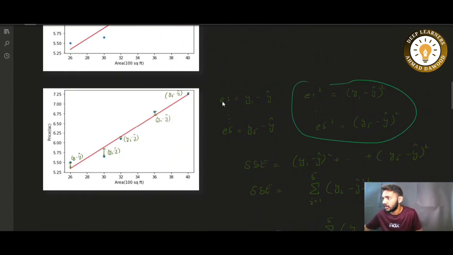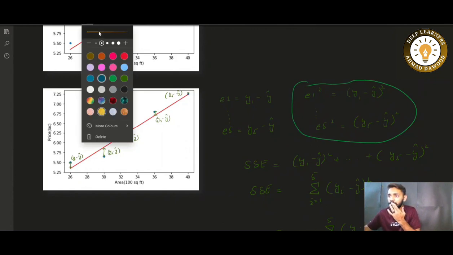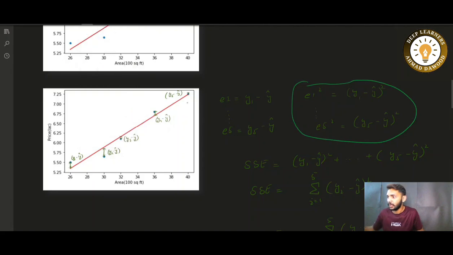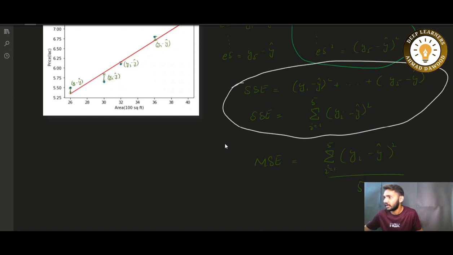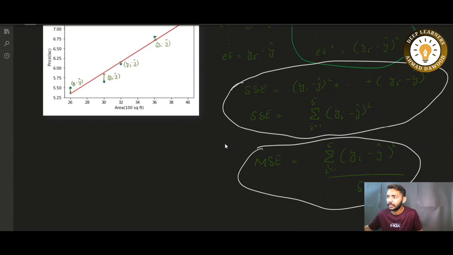Okay, if I use another color here. Now we have a sum of squared error, and if you take the mean of the sum of squared error, you will get MSE. Now you have seen one error you can call SST, which is the sum of squared total errors, and one is the sum of squared errors.